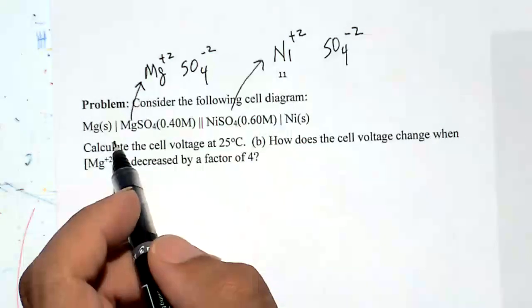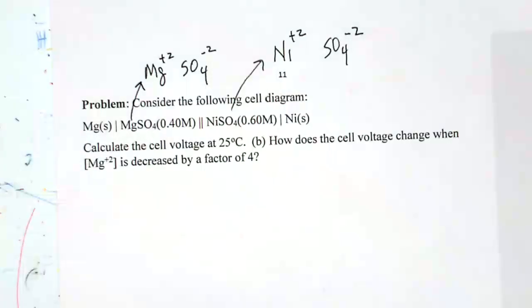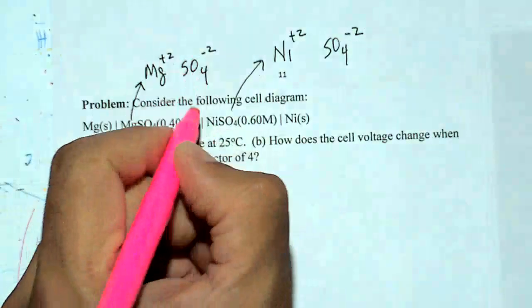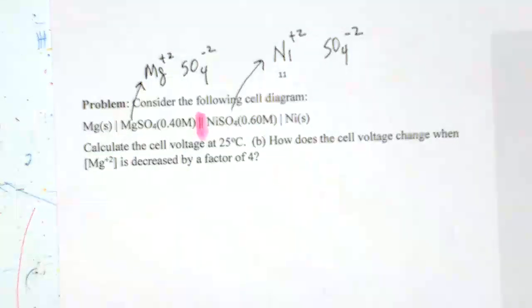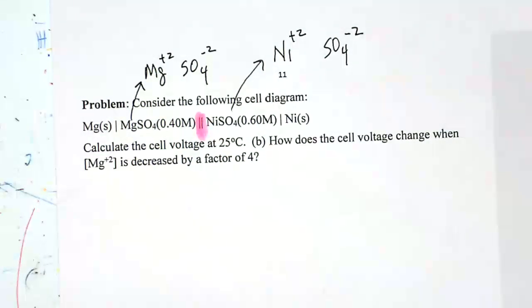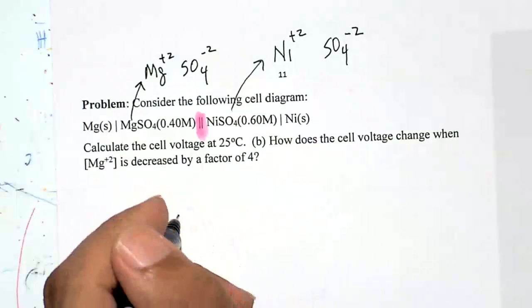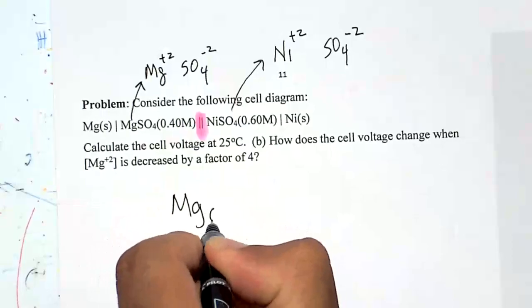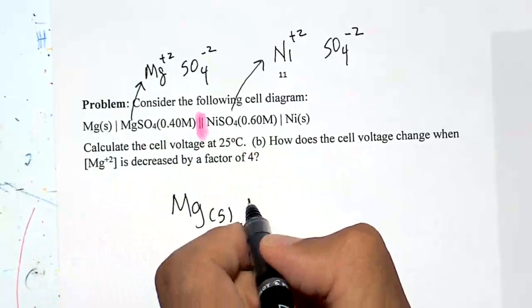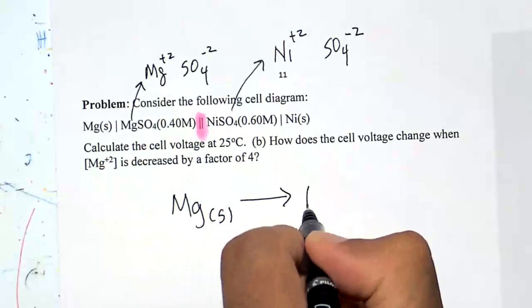Now, how do we do this again? Anode couple, salt bridge. Highlight the salt bridge with 2 lines. And then cathode couple. Mg solid goes to Mg2+.